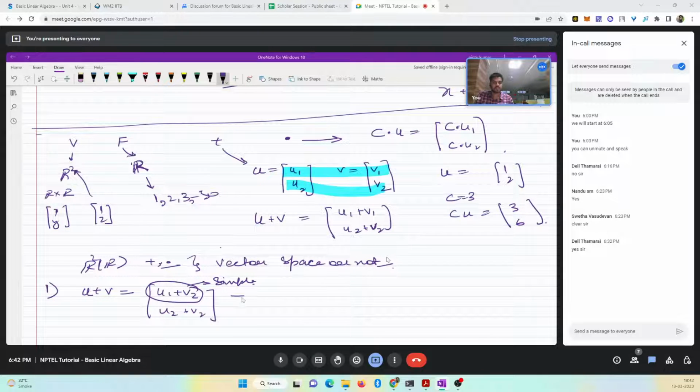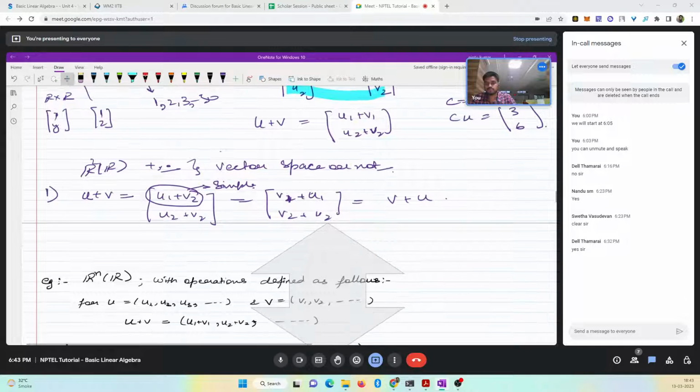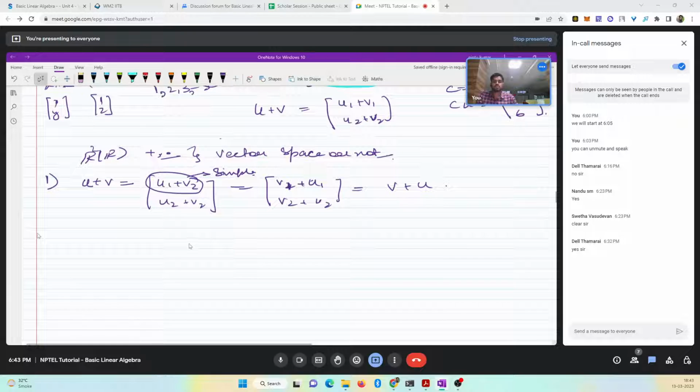So you can rewrite it as v1 plus u1 and v2 plus u2. What is this? This is v plus u. So your first property, that is the commutative property, is satisfied.